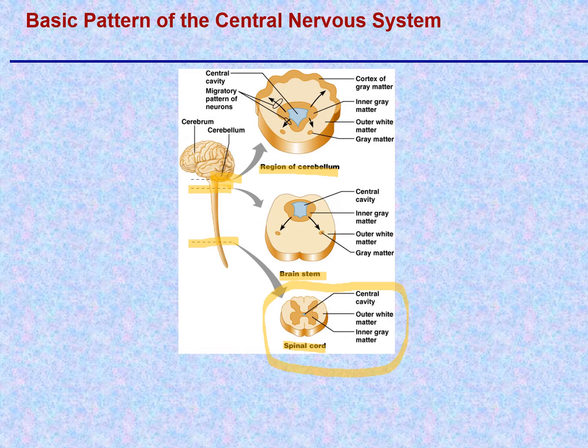But one thing I do want to emphasize to you is that there is a central cavity filled with, as I said before, cerebrospinal fluid. But surrounding that is an area of gray matter, and it has a particular characteristic pattern. It has a butterfly-shaped pattern that you can see here.